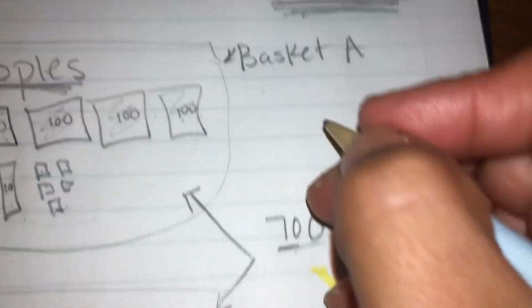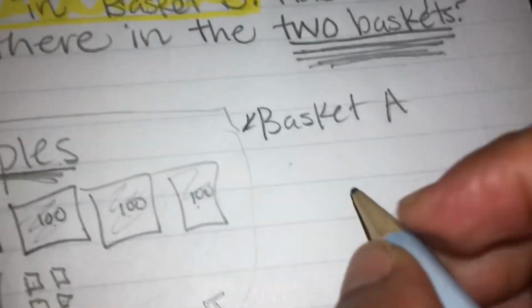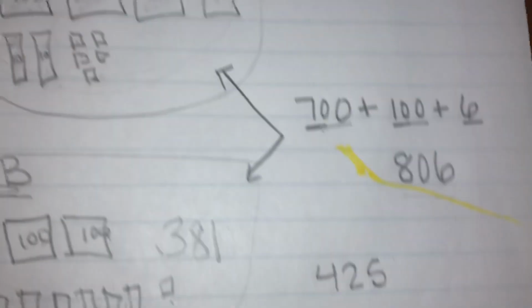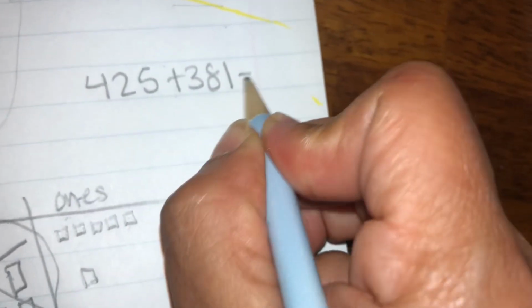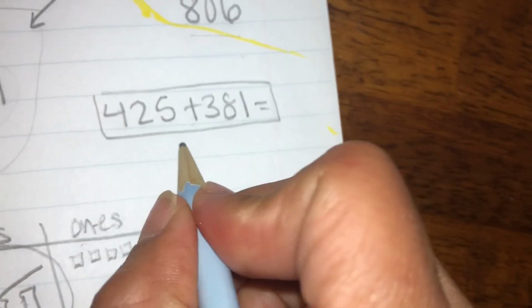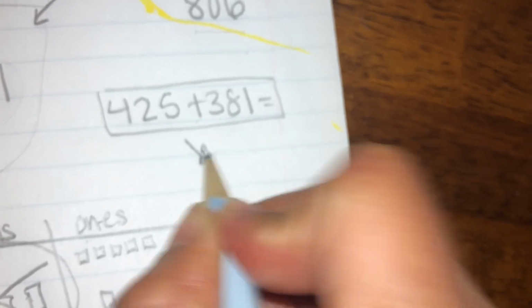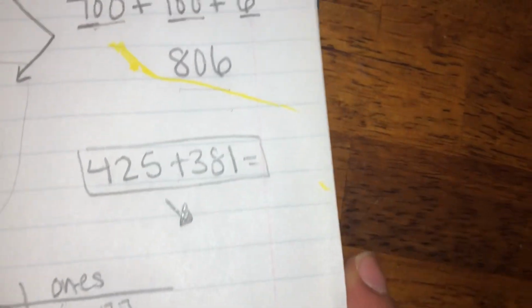So 425 would look like this. 425, okay? Some students will write it like this, plus 381, which is okay, but I suggest that they write this vertically so that they're able to align the ones, the tens, and the hundreds. So what do I mean by that?